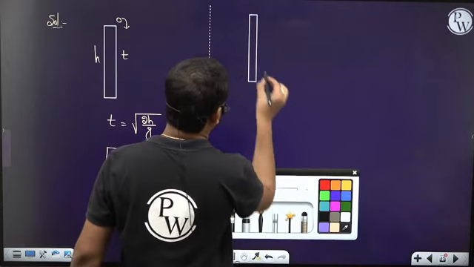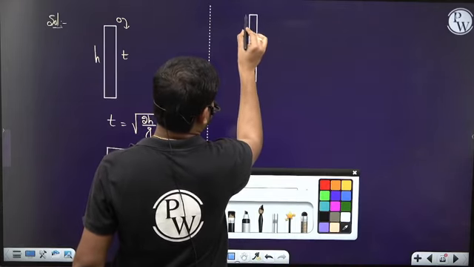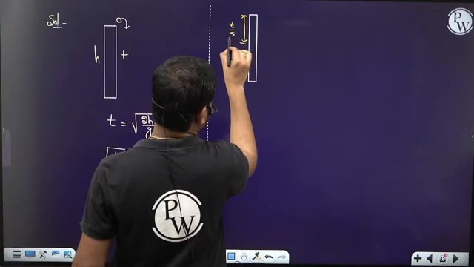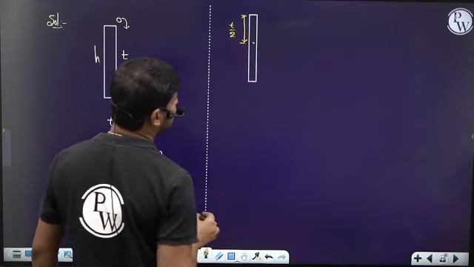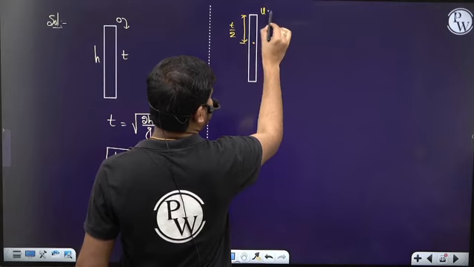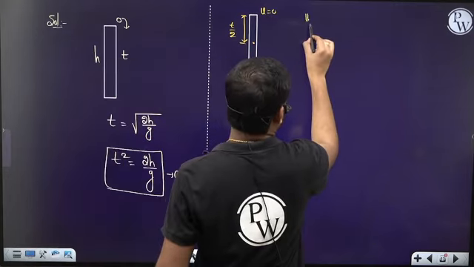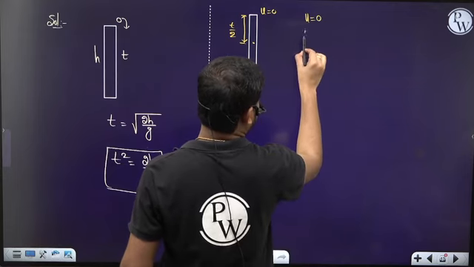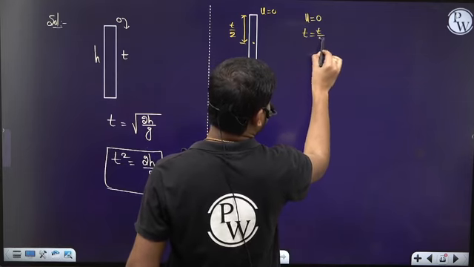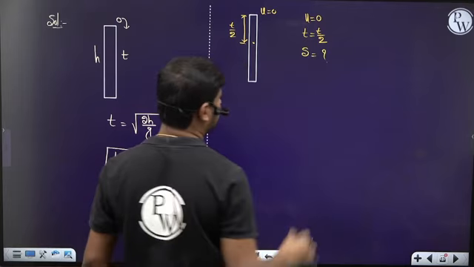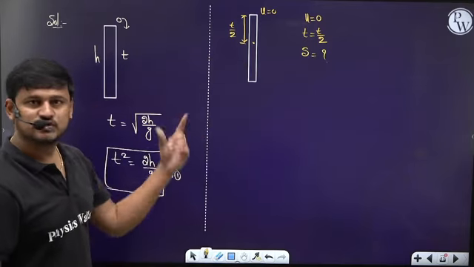Now in t by 2 seconds, let's suppose the body has reached till here. As it is released from the top, its initial velocity is 0. The time taken is t by 2 seconds, and we have to find the distance traveled. How much distance is it traveling? We have to find that.